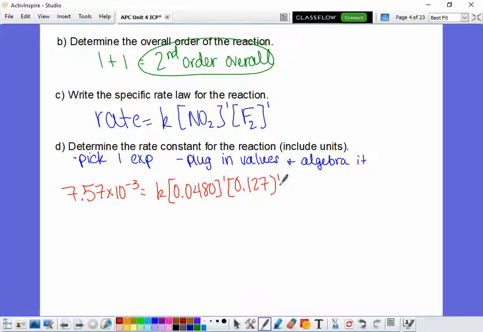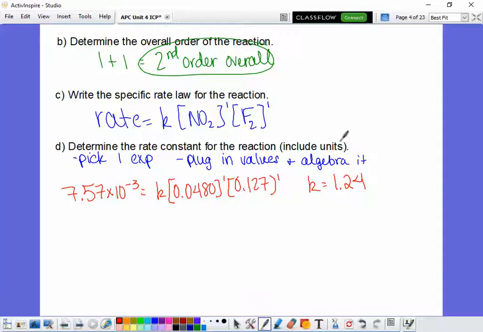So now I'm just doing algebra. And what do you get for K? 1.24?